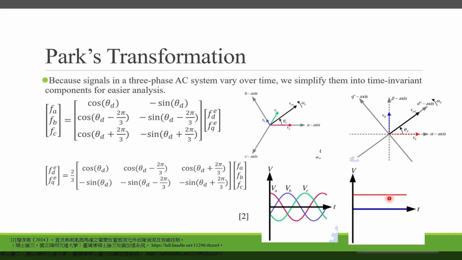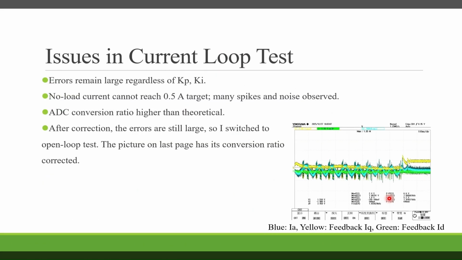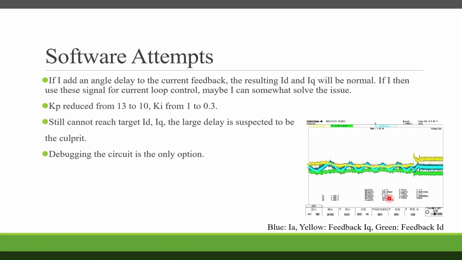Let's see. Well, sadly, this only somewhat solved the problem. Kp can be reduced from 13 to 10, while Ki from 1 to 0.3. However, I still cannot reach the target ID and IQ.